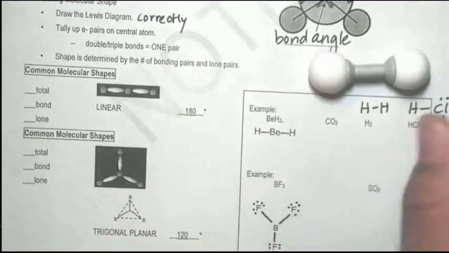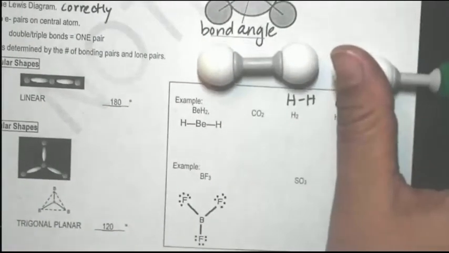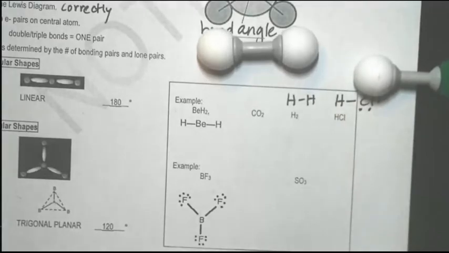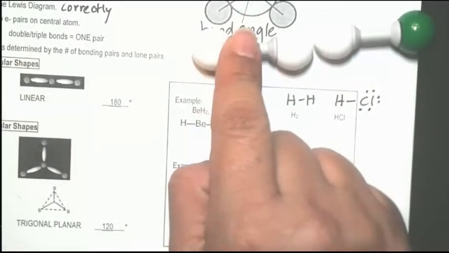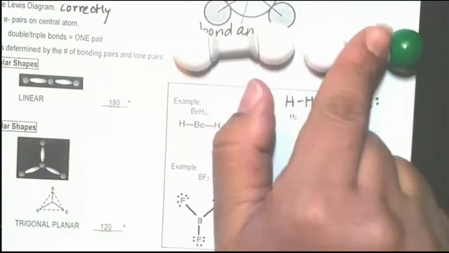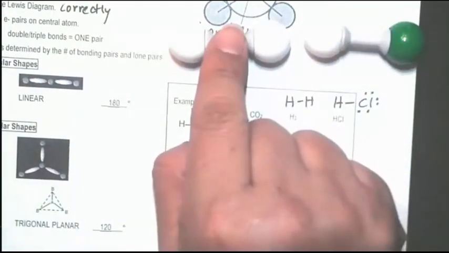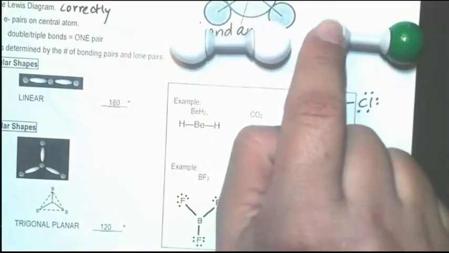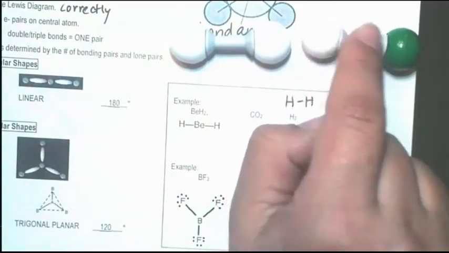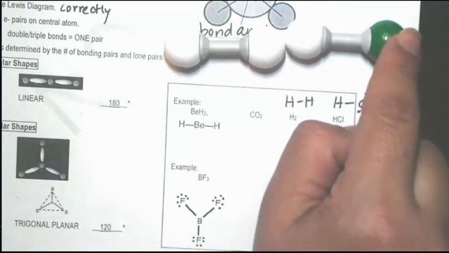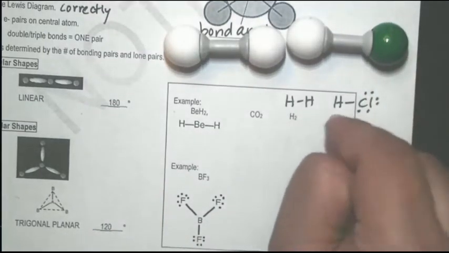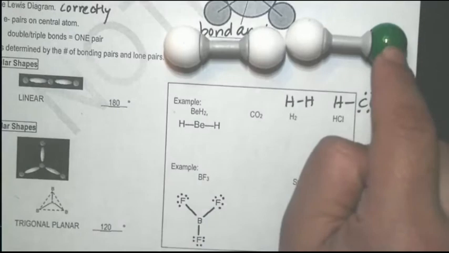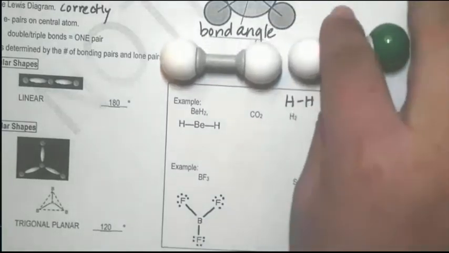Anytime I have just two things attached, they're straight across. So this is HCl, and this is H2. You're going to be working with these bonding kits, and the white always represents an H, and the green represents a halogen. So here Cl, if I had HF or HBr, they would all look the same because they'd all have a green atom there.